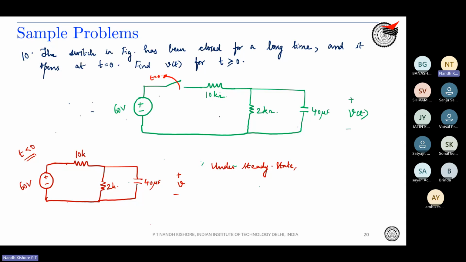Under steady state, capacitor is an open circuit. So what is the voltage across the 2 kilo ohm resistor?